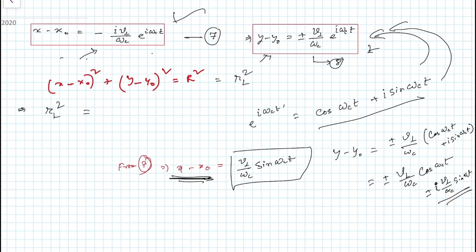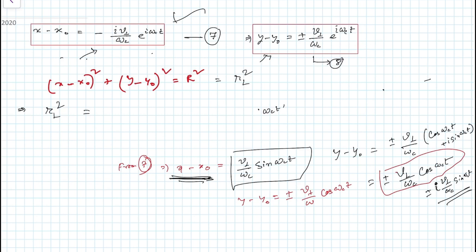This part is imaginary as there is i, and this part is the real part only. So y minus y naught is plus minus v perpendicular by omega cos omega c t.